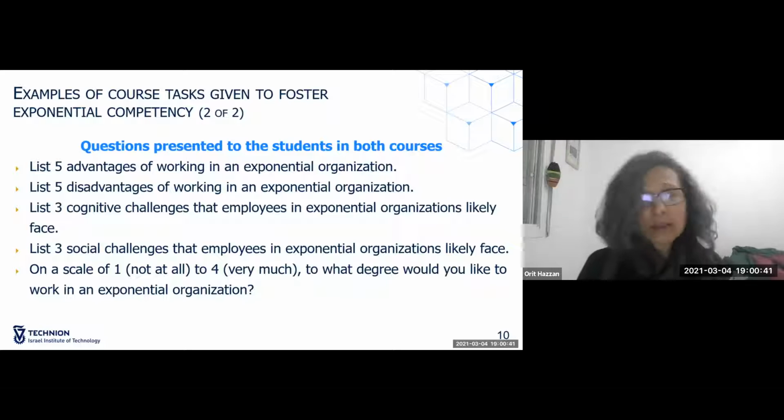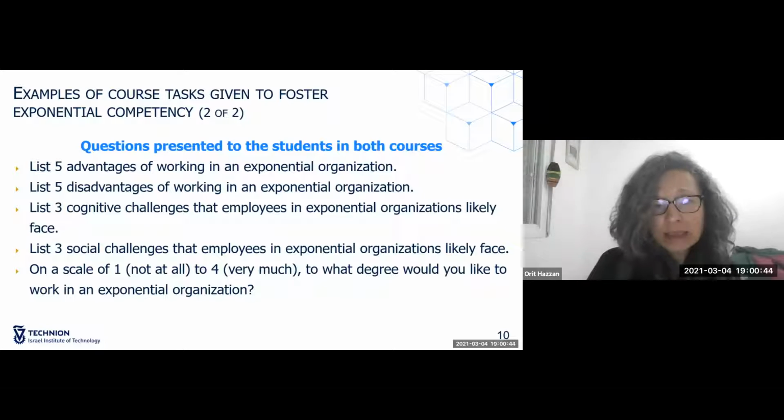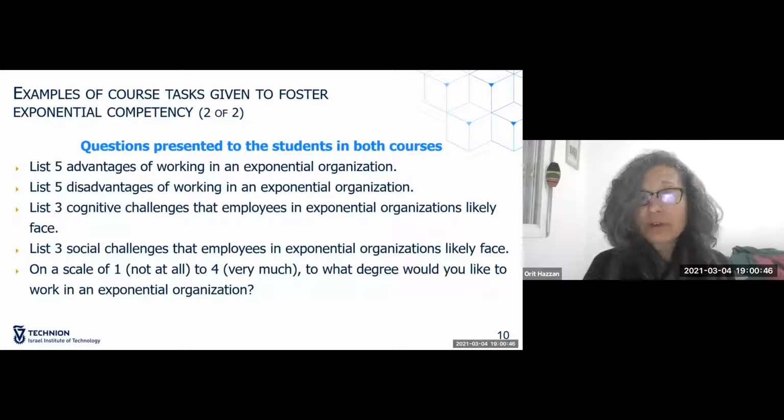One more question, on a scale of 1, not at all, to 4, very much, to what degree would you like to work in an exponential organization?